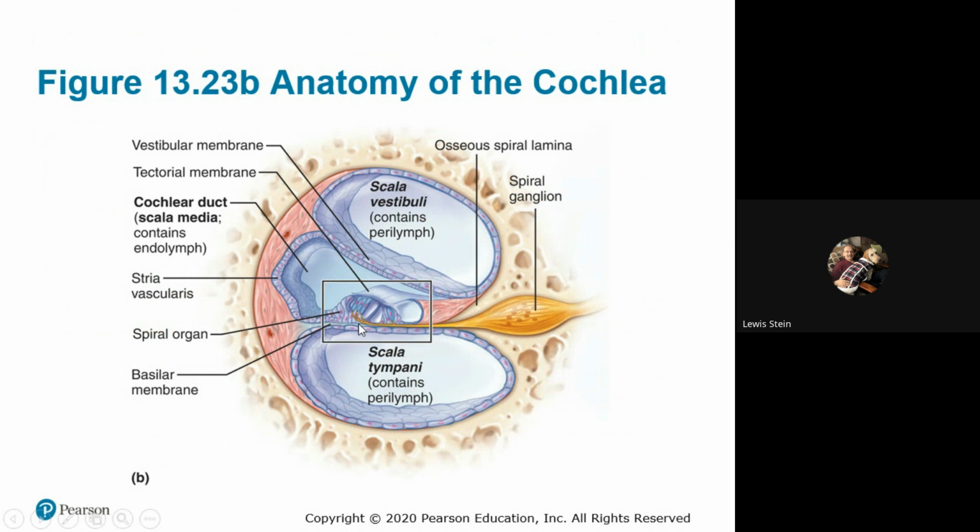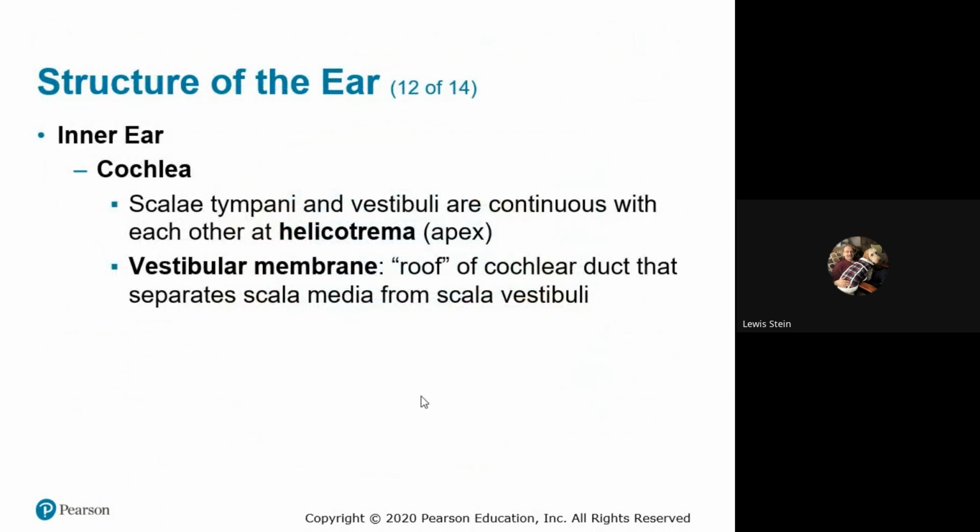When sound travels through, it is able to move that basilar membrane. And when it does so, the tectorial membrane doesn't move and the hair cells are embedded in it. So when it moves, depending on whether it moves inside or outside or how rapidly, that's what creates the signal that you and I call hearing. And we'll get into that when we do the physiology of it.